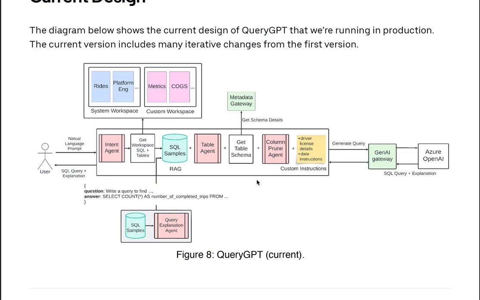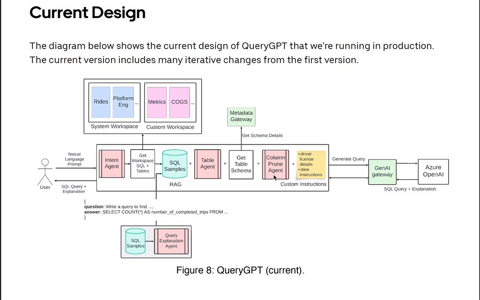Right now, as we mentioned earlier, some tables can have a huge number of columns, so actually not all of them are needed. So one more agent, the column pruning agent, is also added to prune only the needed columns into the further query, not requiring all the columns, obviously to reduce the total number of tokens in a particular query.